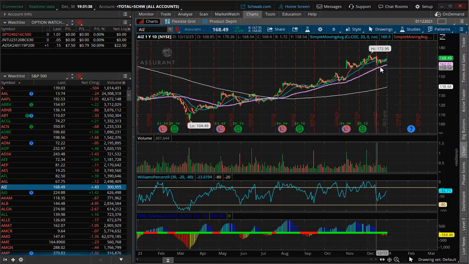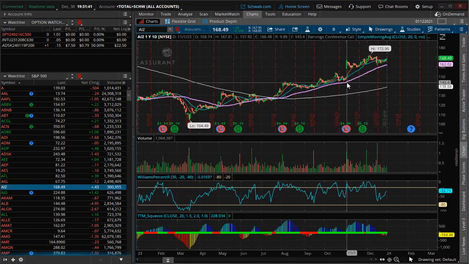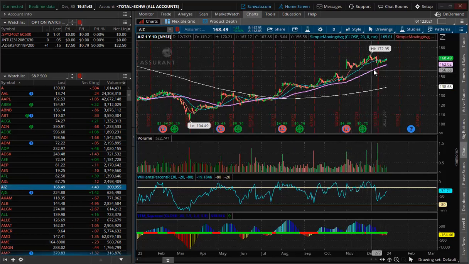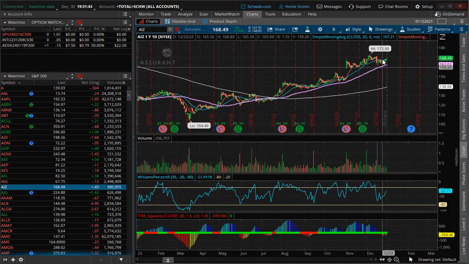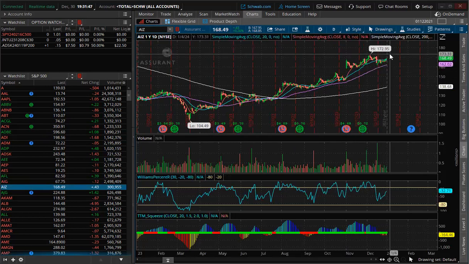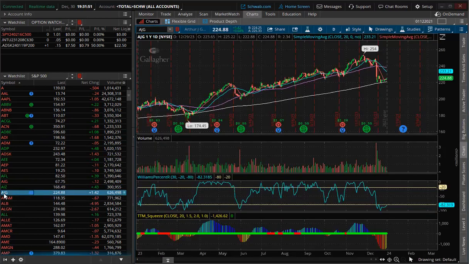And it looks like the 50 simple moving average says buy call. See, now this is interesting. At a high point, it went down from 254 down to 224.